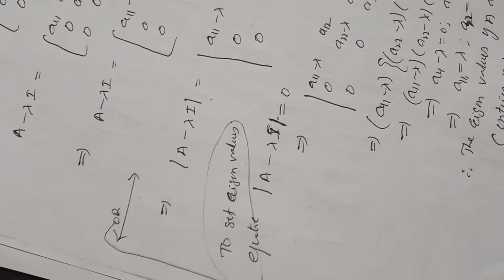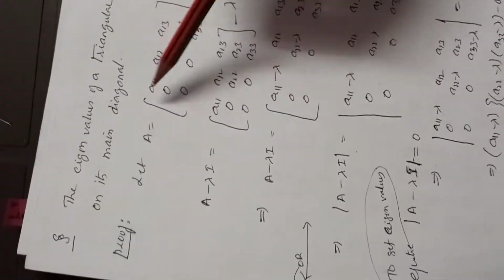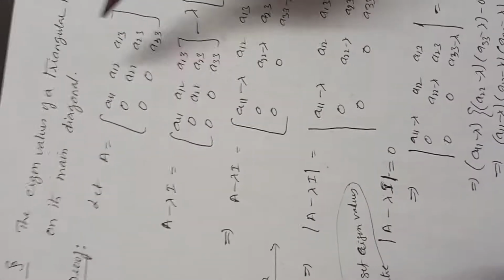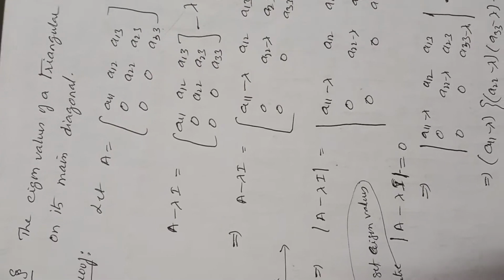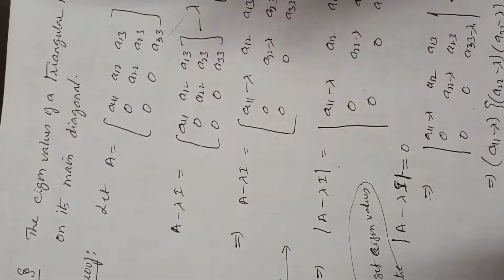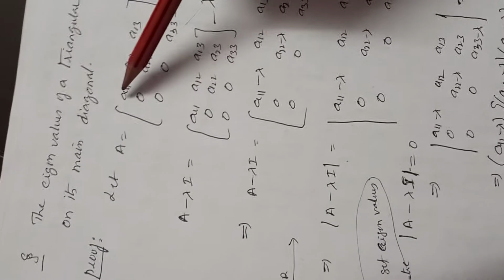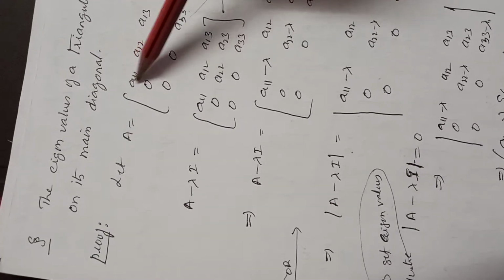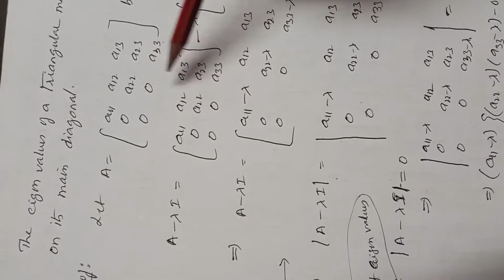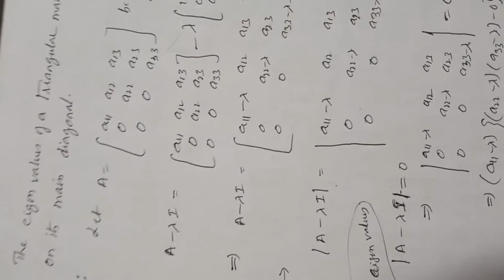Next one. The eigenvalues of a triangular matrix are the entries of the main diagonal. You can choose an upper triangular matrix or a lower triangular matrix. Upper triangular means the elements below the principal diagonal are zeros. This is called an upper triangular matrix.